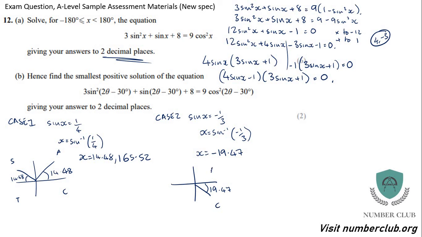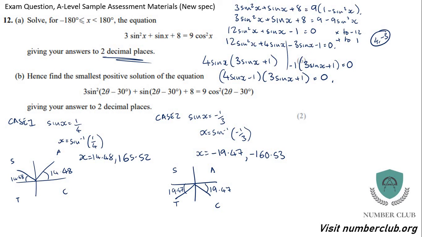Okay, C, A, S and T. So we'll have this one here, 19.47, which means that we're trying to go around to negative 180, but we're not quite getting there. We're 19.47 short. So we've got 180 subtract 19.47, which comes out as 160.53, but that's negative 160.53. Okay, so you end up with all of those solutions.